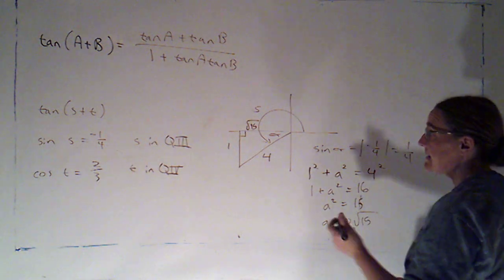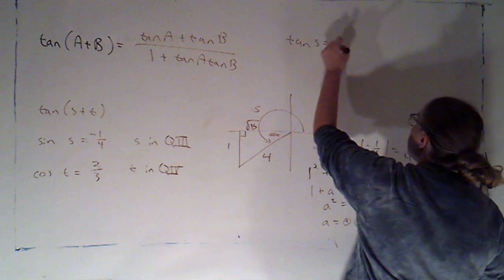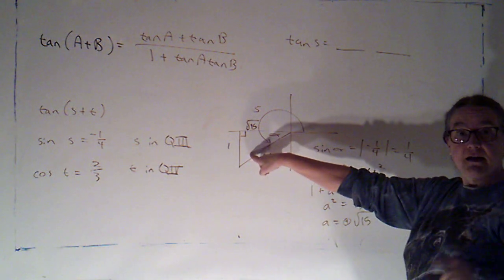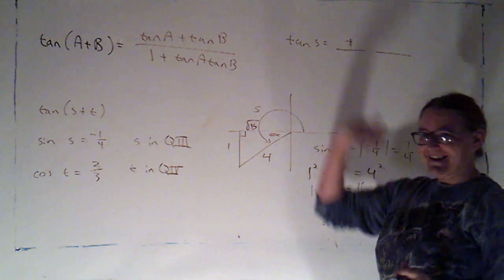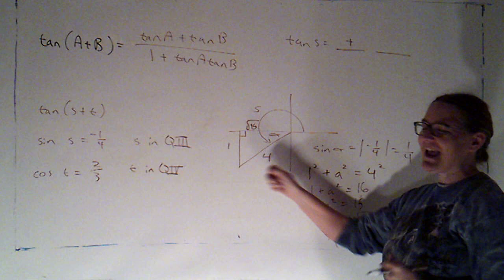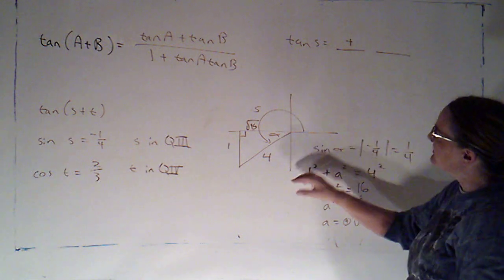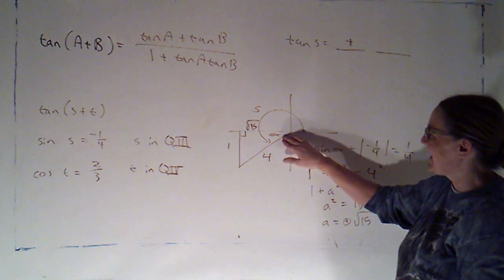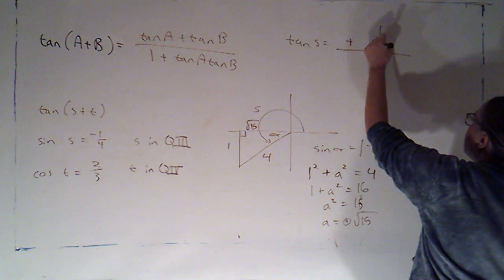And now I can say, okay, so let's get tangent of s, two-step process. I'm in quadrant 3. In quadrant 3, tangent is positive because it's sine over cosine, and both of those are negative in quadrant 3. And then I attach to that the absolute value, which is the tangent of alpha, which would be 1 over root 15.